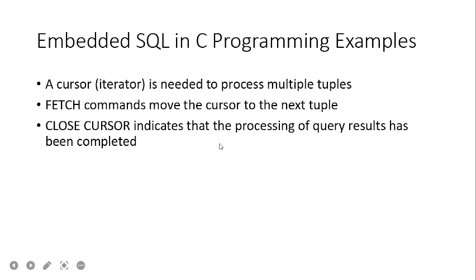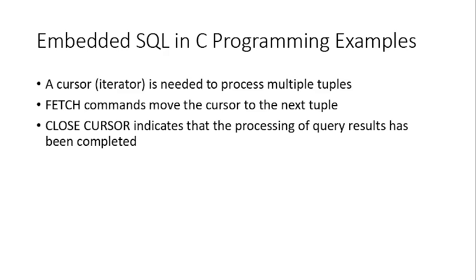And the query variable is basically an iterator that loops over the tuples in the query result, one tuple at a time. Then to determine when all the tuples in the result of the query have been processed, the communication variable is used, that is, SQL code, or SQL state, and that is checked.